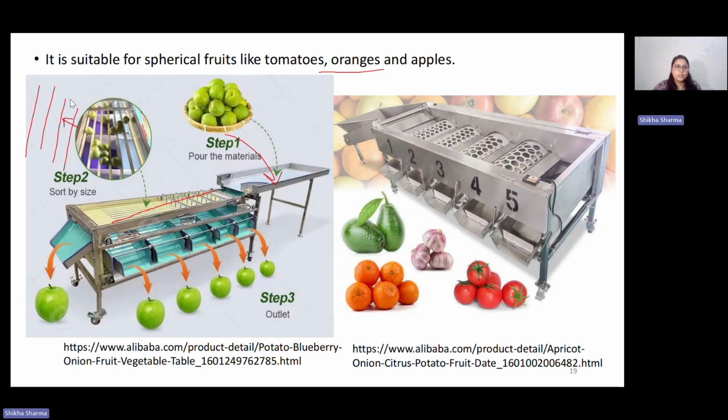Here the gap is small, so the smaller fruits can pass first and the larger fruits come last. Suppose we have different fruits and different diameter gaps in the roller grader. The smaller one will come first from here and the larger one will come at the end from here.